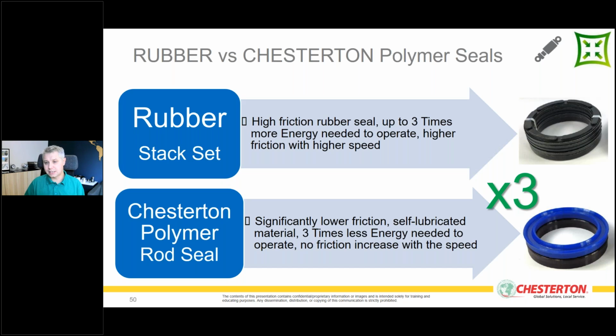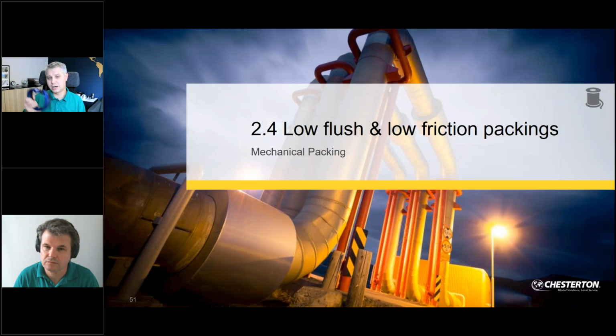And the second thing is that these formulas are proportional. So this was a large press, but just imagine if you have a 10 times smaller cylinder, let's say 100 millimeters, virtually you go 10 times less, and it's still a huge amount of savings, because it represents, in this case, up to 3,000 euro per year. So this is how polymer seals from Chesterton work to save the planet, to save resources, compressed air, and energy.